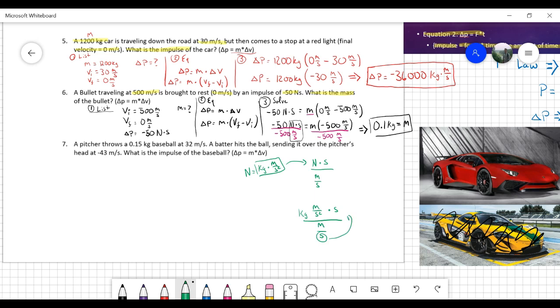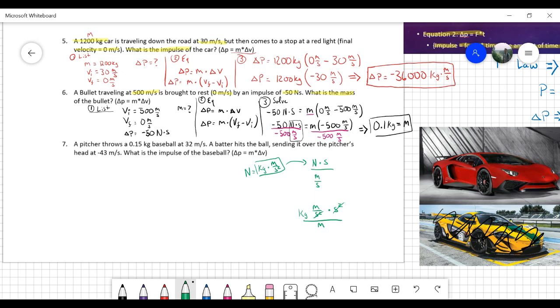The trick is that it flips up, which will leave you with a second squared up here. So we have a seconds squared here and one at the bottom of this fraction, so those cancel.